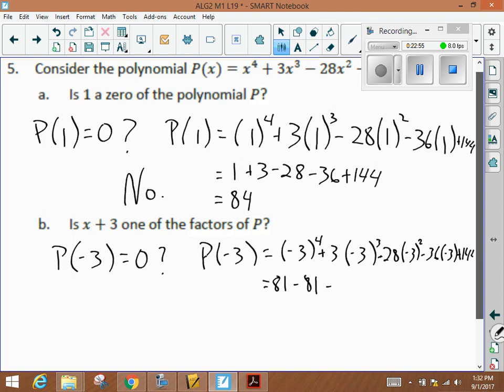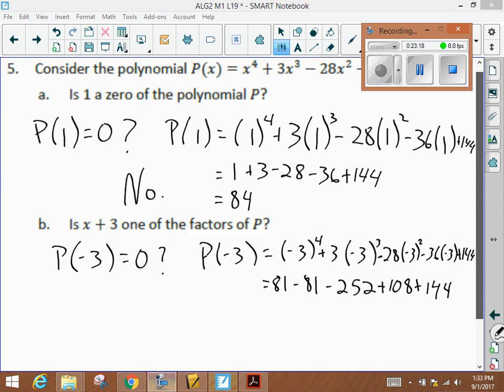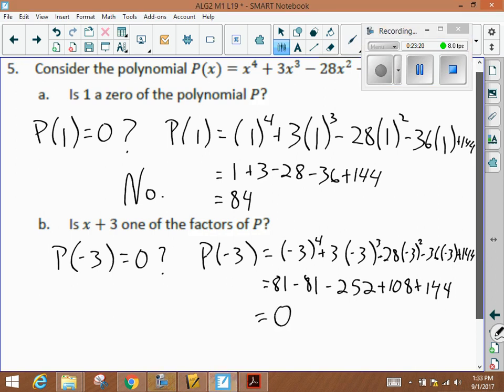So that's negative 252. And then negative 36 times negative 3. So that's going to be positive 108. And then plus 144. Which turns out to be 0.